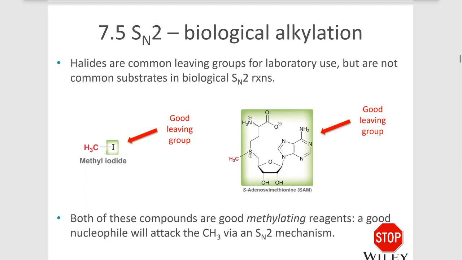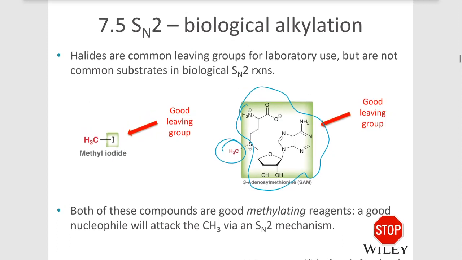But we can even have leaving groups in biological systems. So for methylation in a biological system, we can put a methyl on with this really big, stable leaving group here. This is a good leaving group that's used in biological systems. That's just an example of how we can see SN2 reactions even in biochemistry.